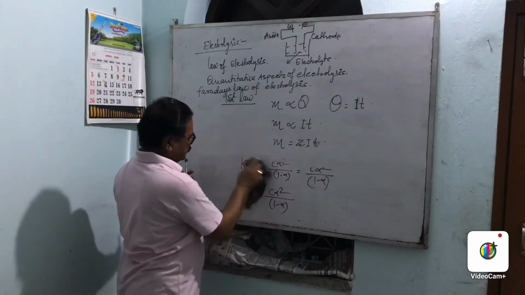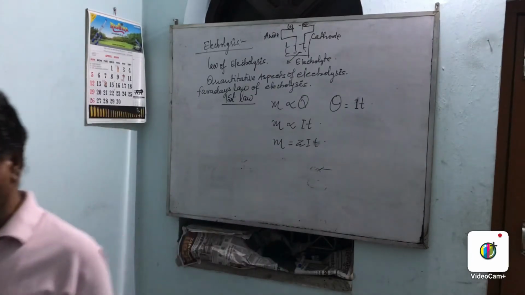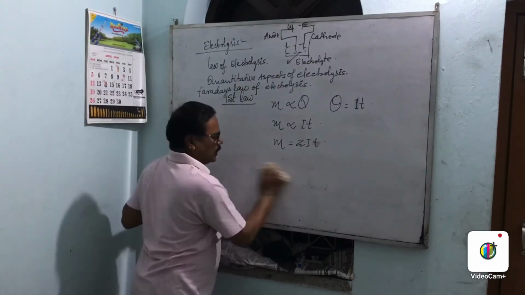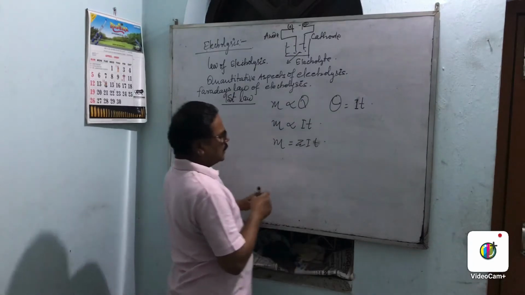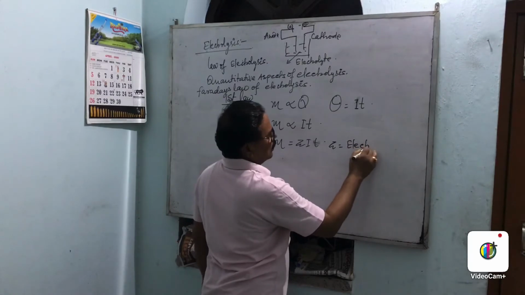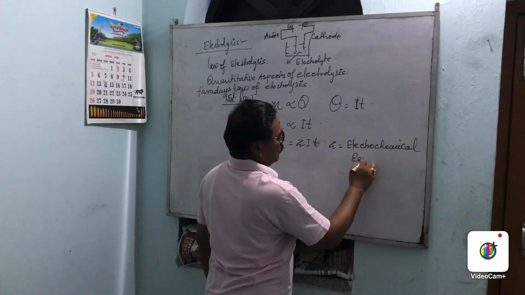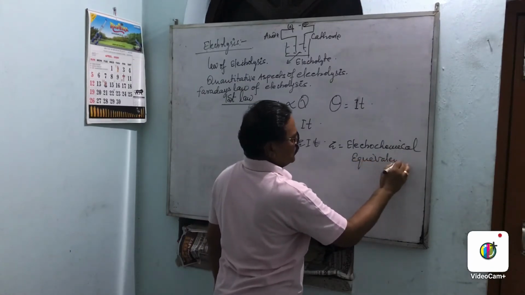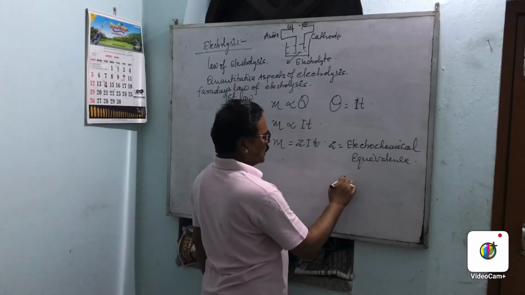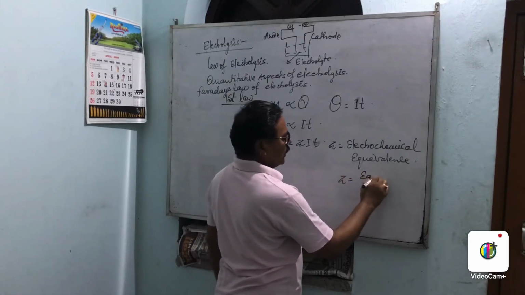This Z is considered as electrochemical equivalence, and this electrochemical equivalence can be written as equivalent weight by F.